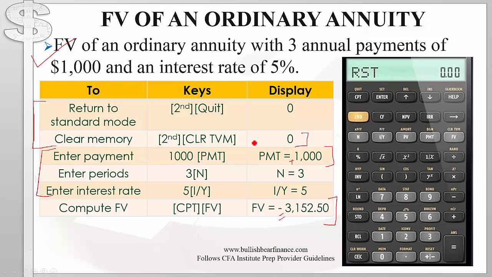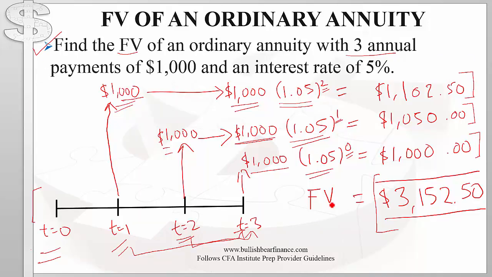If you want, you can first enter periods and then interest rate and then payment. You can choose any order you want, but as long as you enter this information, you will be able to compute your future value. And you can verify that this number that we got here is exactly the same as we got on the previous slide right here.